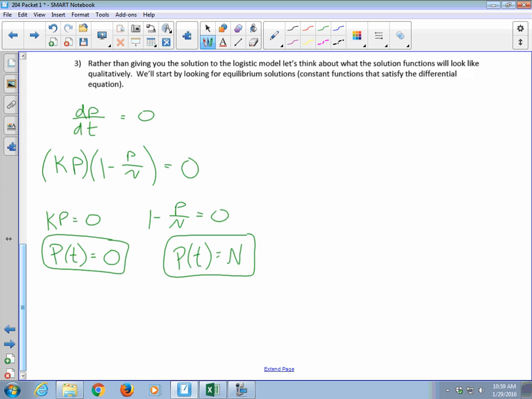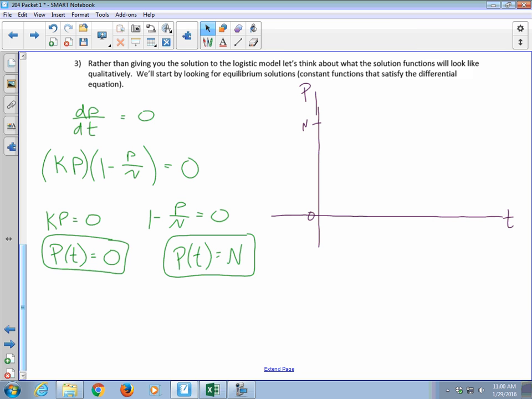So I'm going to try to use those to create a visual of what any population will do. So I've got time and population, and I want to try to sketch what's happening. I know that at n and at 0, I have equilibrium solutions.